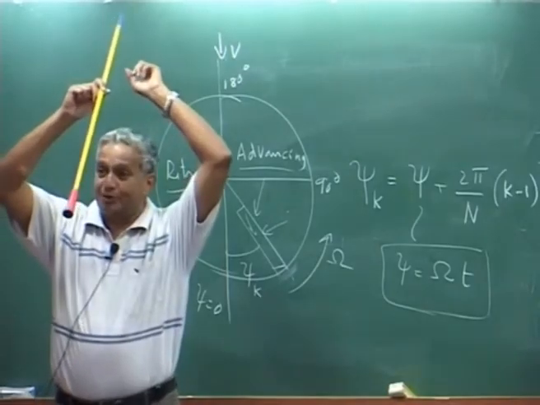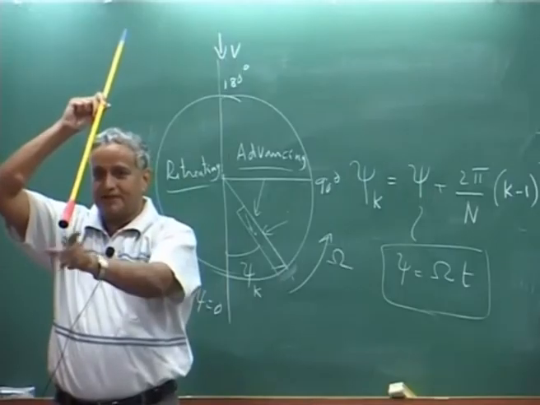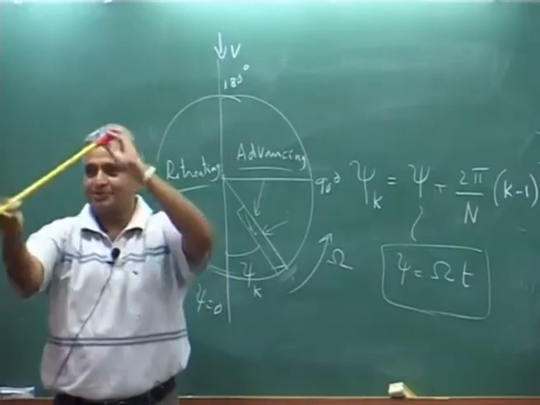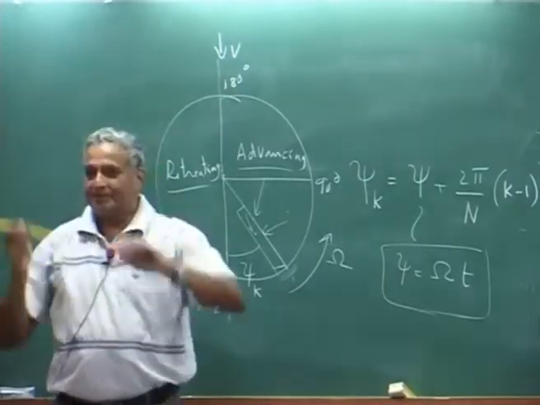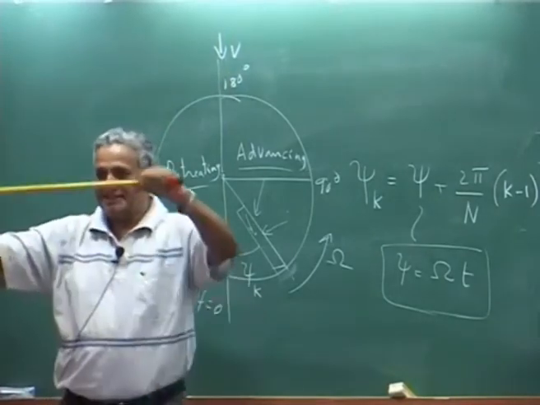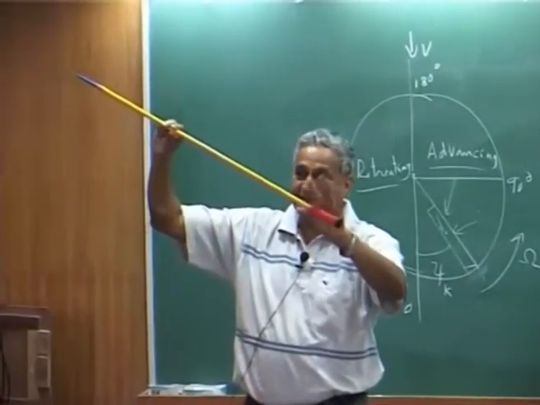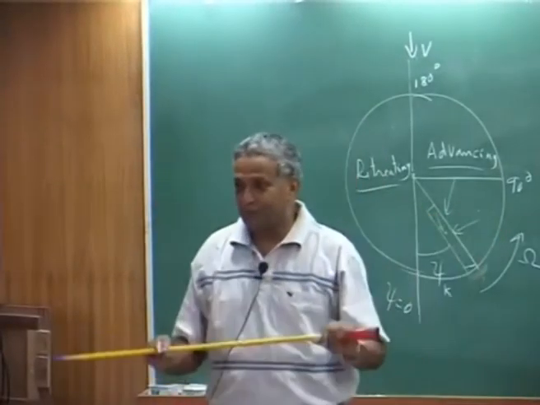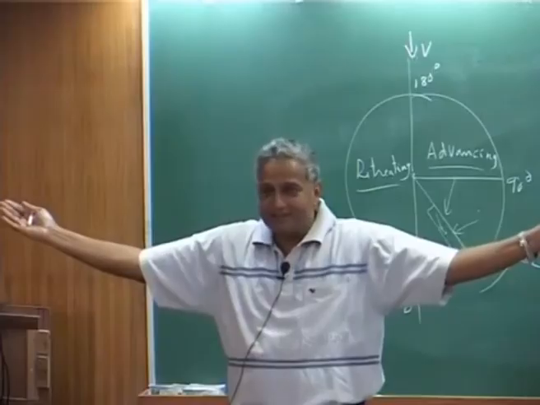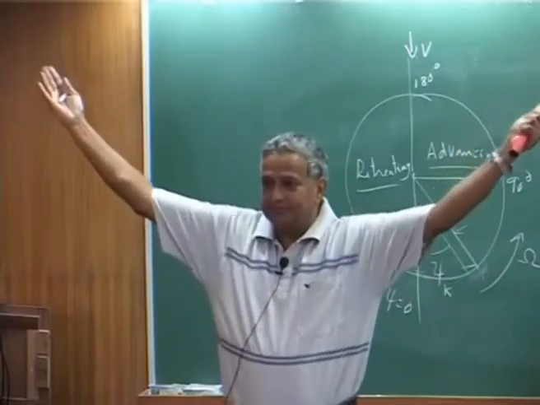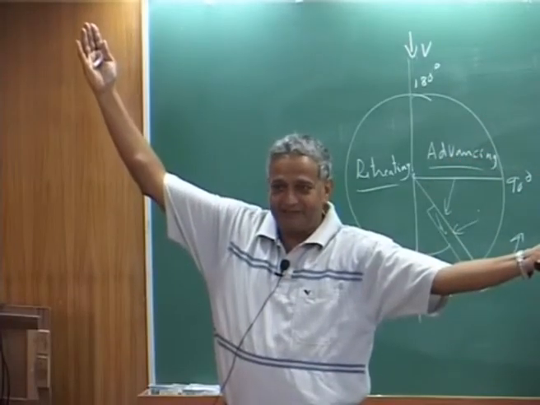At the back it will go up, when it comes to the front it will come down. So when it rotates it will do like this. That means the disc is tilted in the forward direction. So one is I took the disc up, then I tilted it forward.